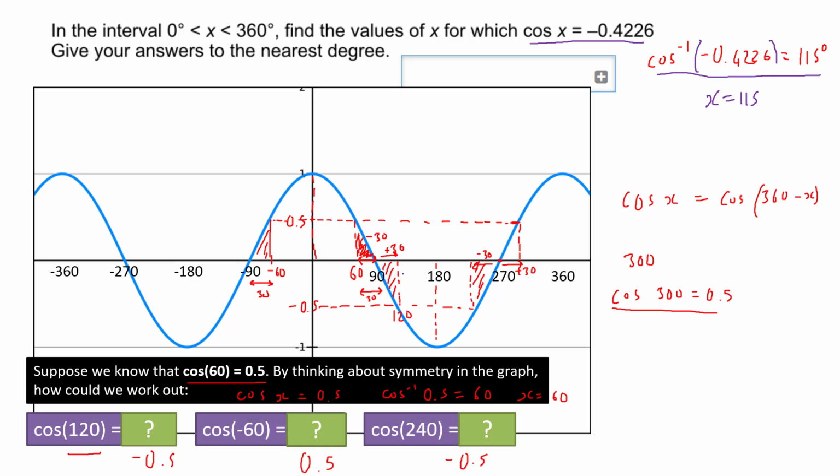Now 115 will just be 25 degrees in. So that's, I'm going to write that up here, plus 25 from that bit, 90.